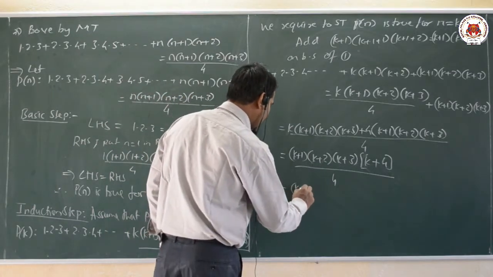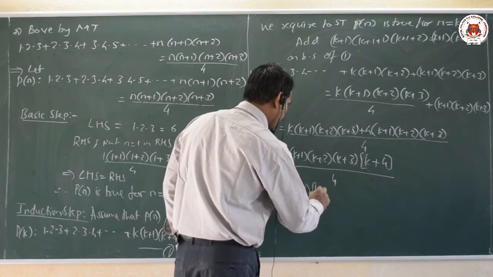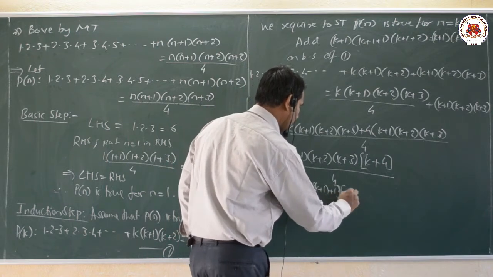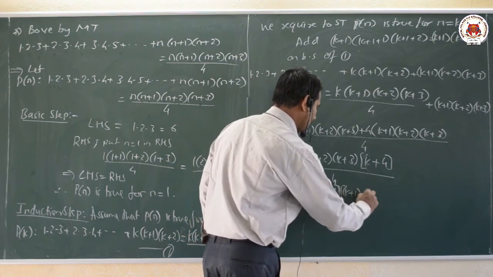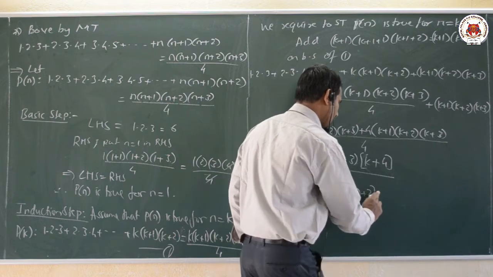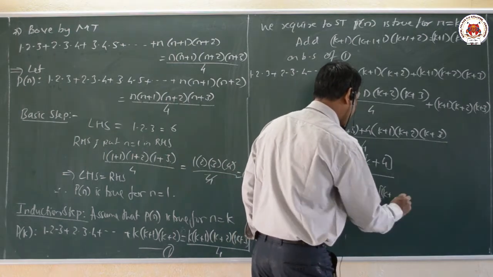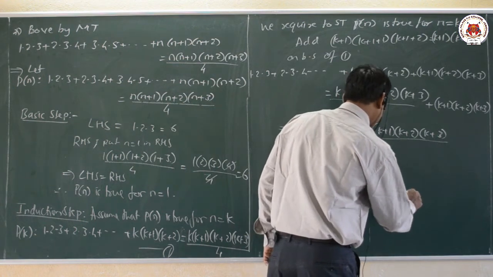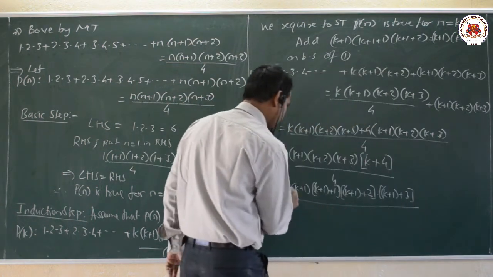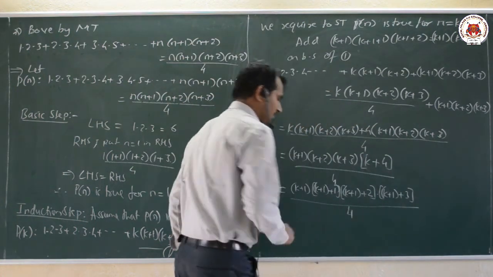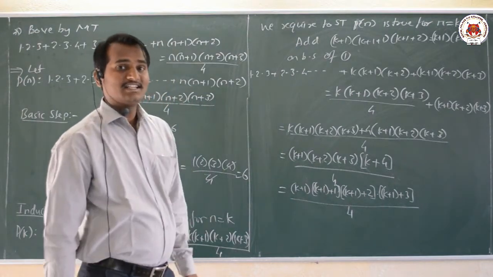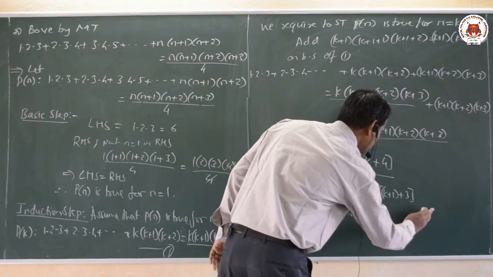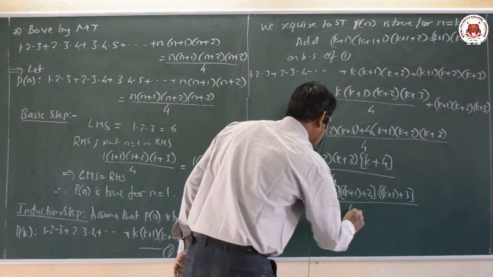So I will rewrite it: k plus 1, then k plus 1 plus 1, then k plus 1 plus 2, then k plus 1 plus 3, the whole divided by 4, and in turn that is nothing but our required result. Very very simple example.